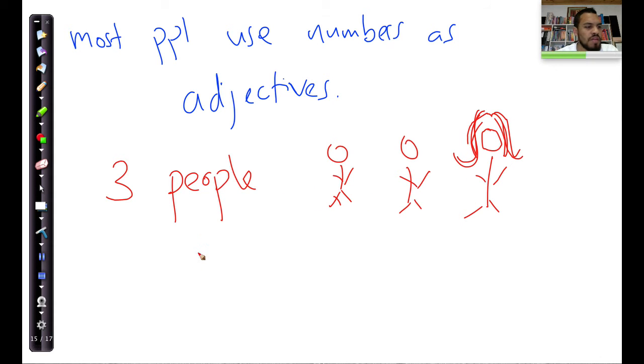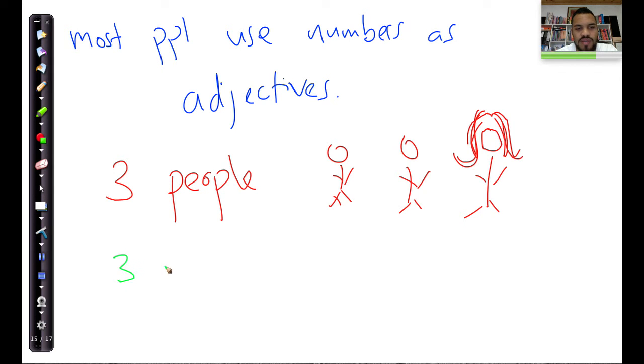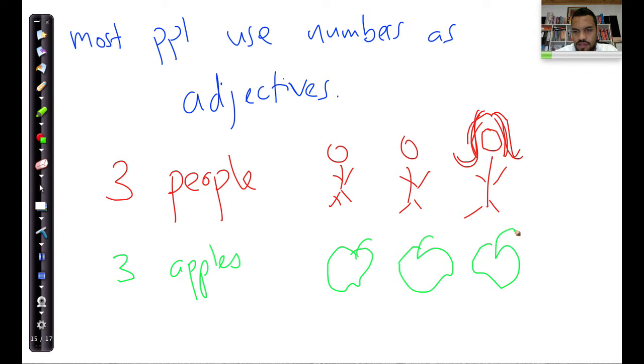So that's 3 people. Or we could say, let's make it green, 3 apples, right? You could even have 3 apples. There's apple number 1. No, my apples look very bad. That's apple 1, that's apple 2, and that's apple number 3.